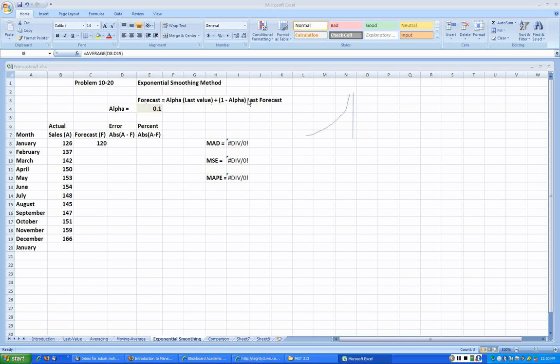Then this part would become alpha times the value before the last, plus 1 minus alpha times the forecast before that. So you can continue this. In other words, we can express the forecast as alpha times the last value, plus alpha times 1 minus alpha times the value before the last value, plus alpha times 1 minus alpha squared times the actual value 3 periods before, plus alpha times 1 minus alpha cubed times the actual value 4 periods ago, etc. If you keep on substituting using the same equation, we get that.